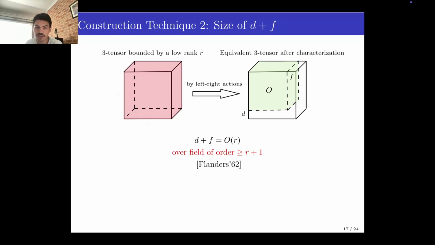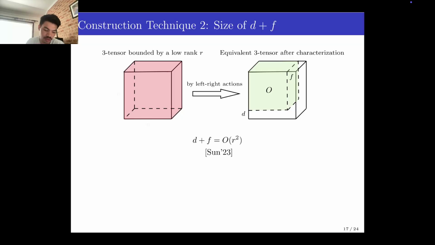A similar result in the 3-tensor or the matrix space setting is from Flanders that says that if we have a matrix space of rank bounded by R, and over large fields, then this D and F part will be O of R, or upper bounded by R. Sun improves this lemma to any arbitrary field, but then this D and F will be R squared.